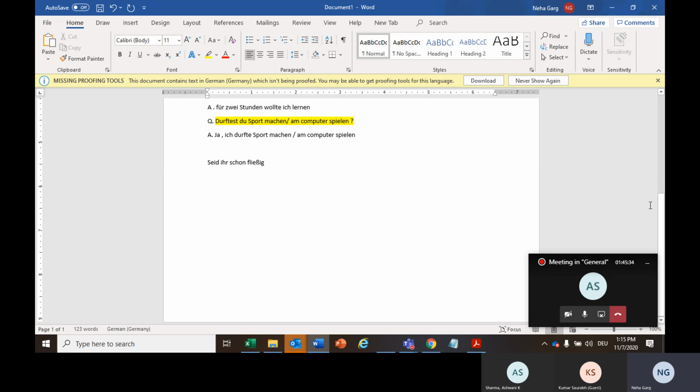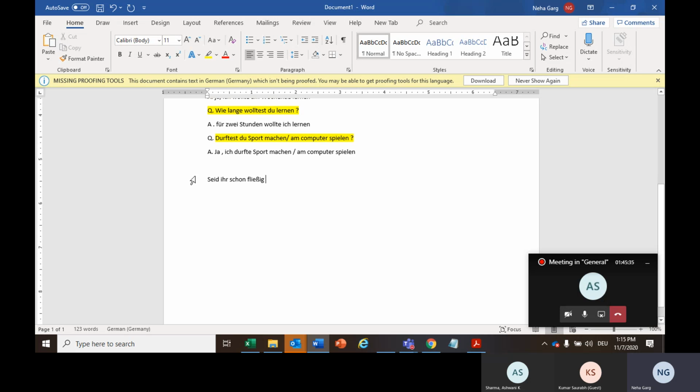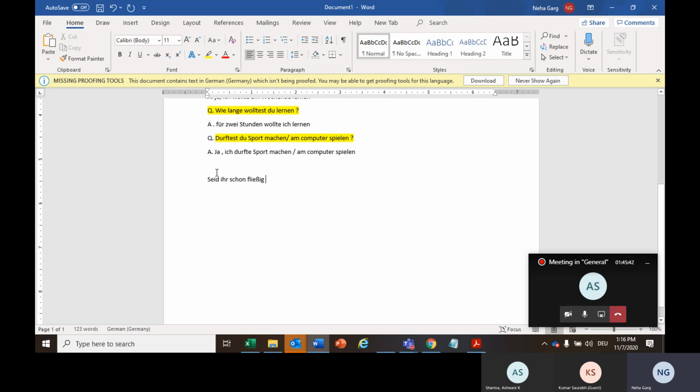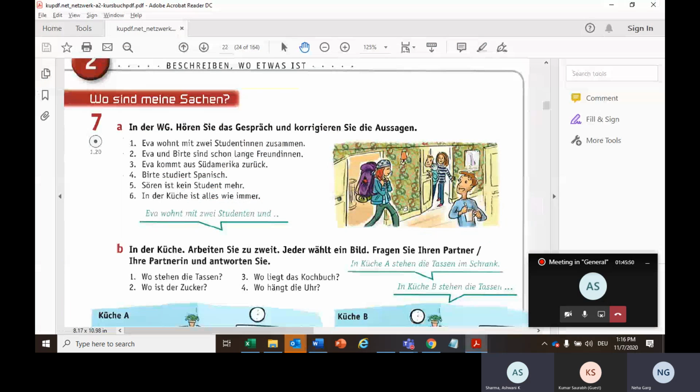She mentioned, seid ihr schon fließend? So she was asking these 2 new flatmates, are you already fluent with Spanish? Then Beta mentioned that she's studying at the university and in some time she has some exams also.